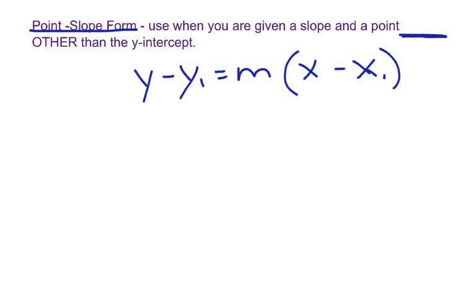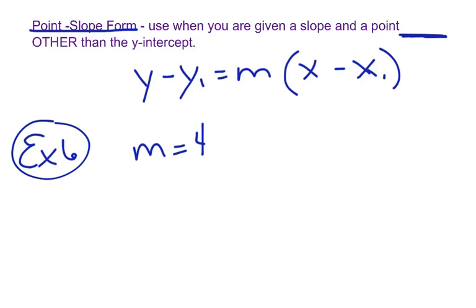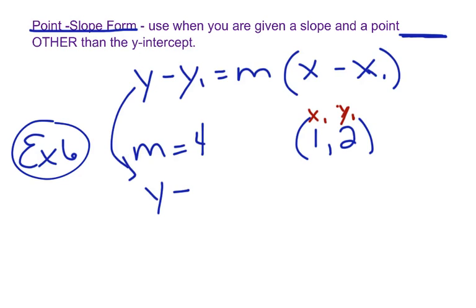Alright, so my first example is going to be m equals 4, and I'm going to give you the point (1, 2). Just like we did on our slope formula, I am going to label my x and my y as x1, y1. So I'm going to bring down the y minus from my equation.